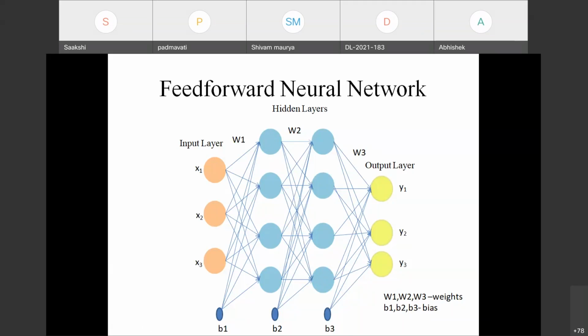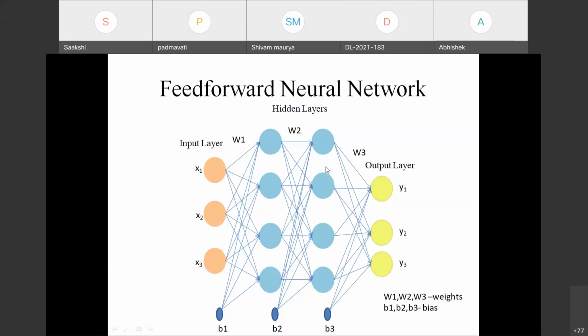You can also see one more thing: all 3 inputs are connected with every neuron of the first hidden layer. Similarly, each neuron of the first hidden layer is connected with every neuron of the second hidden layer.